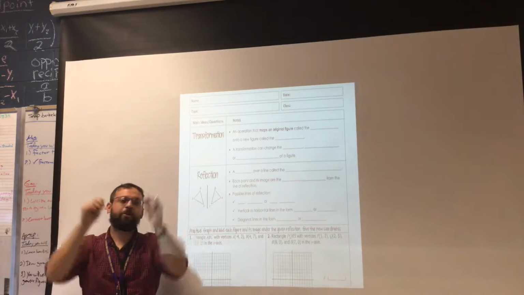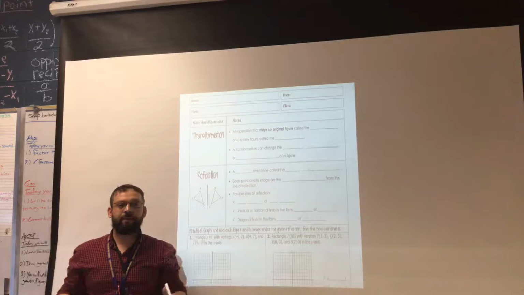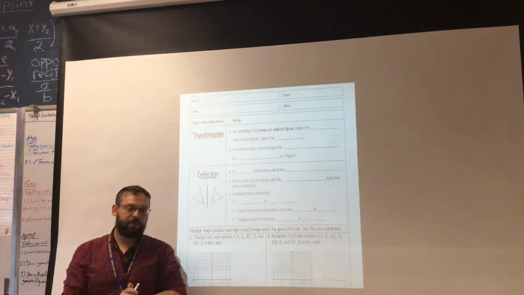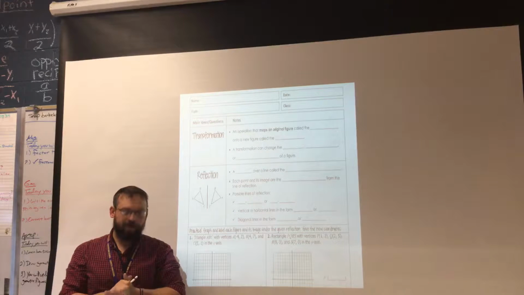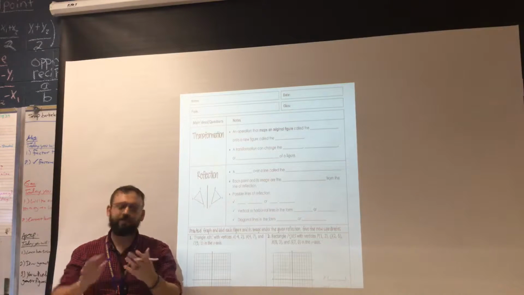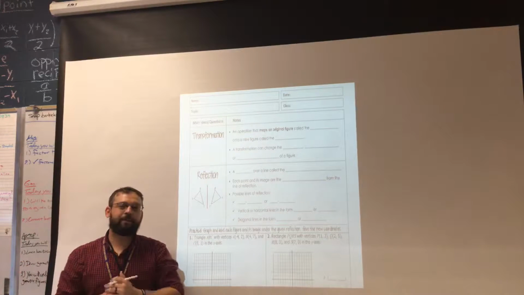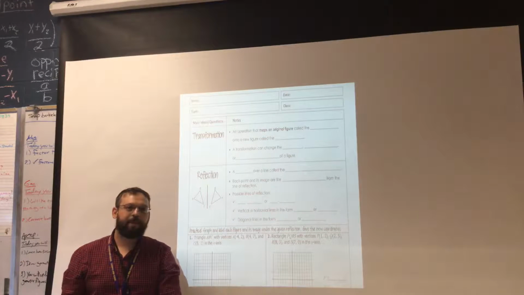So, we're starting a new unit today. The overview of this unit is called transformations. We're actually taking geometric figures and sliding them, rotating them, reflecting them, dilating and reducing these things on a Cartesian plane.